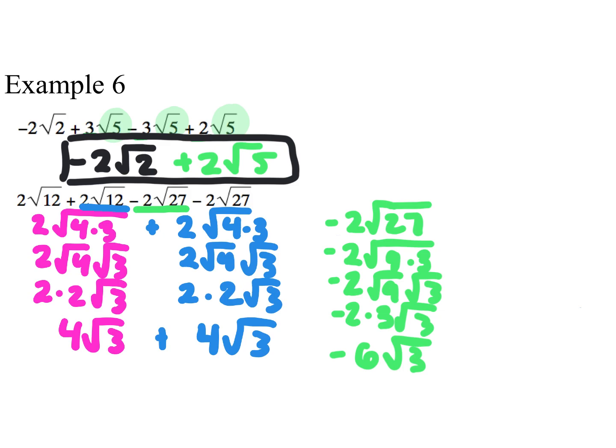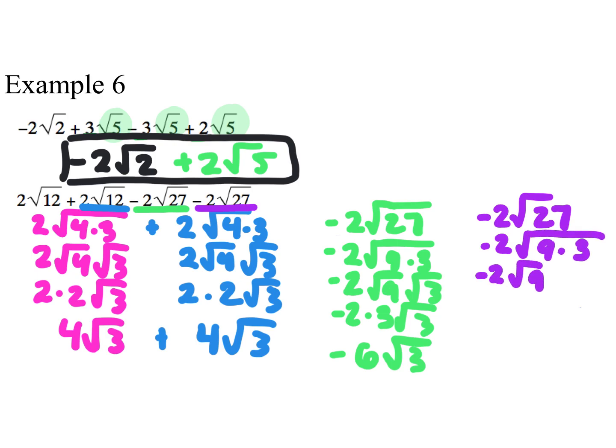And then I would do the same thing for the last minus 2 root 27, because I can split that to be 9 times 3, so it's negative 2 radical 9 radical 3, so negative 2 times 3 root 3, this becomes negative 6 radical 3.